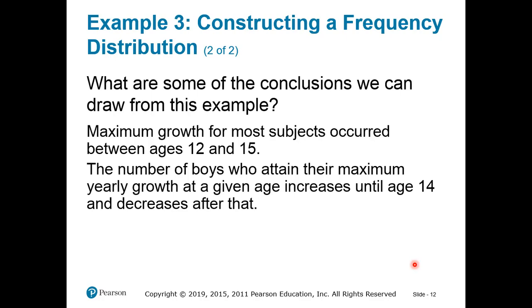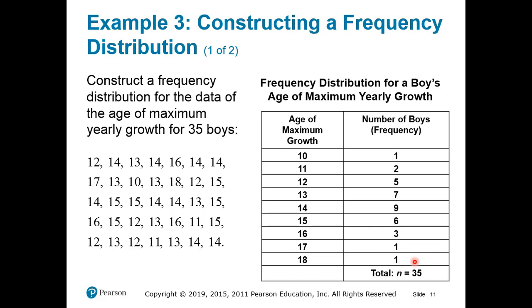Now, what are some of the conclusions that we can draw from this example? Well, let's look at it. We see that the majority of boys, not the majority, but the largest frequency of boys happened at 14. So it seems like the growth spurt happens around age 14 for the most part.